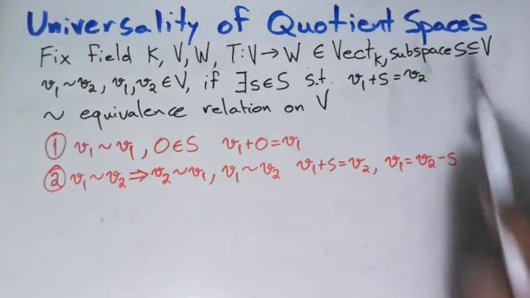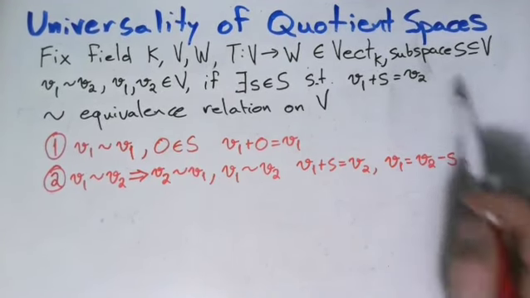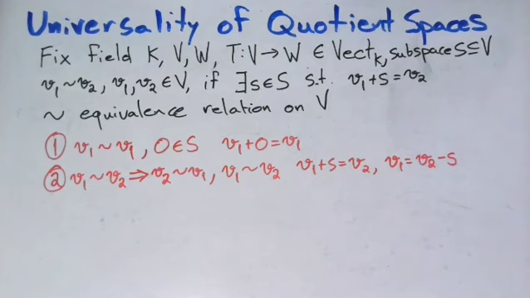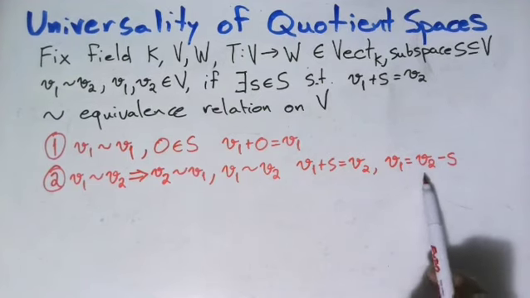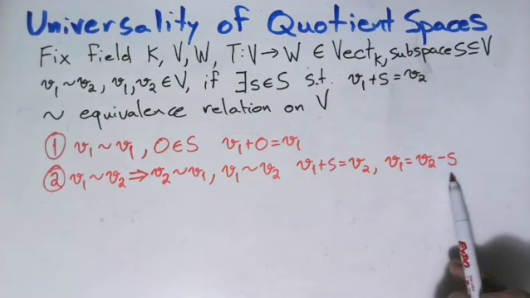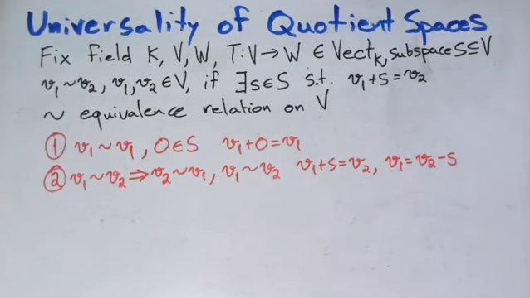But S is a subspace, so if s is in S, then minus s has to be in S. And so we have the formula we need here: v2 plus minus s, which is an element of S, equals v1.